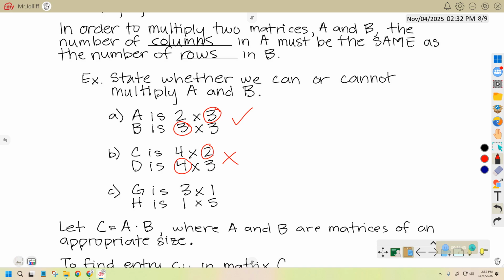For G and H, columns in G, rows in H, do they match? Yes, and those matrices look weird. I have 3 rows and 1 column. That's a matrix that looks like this.